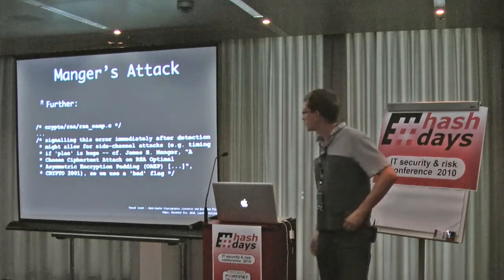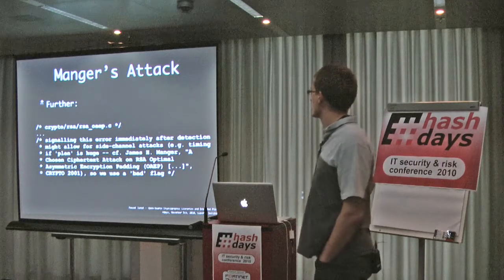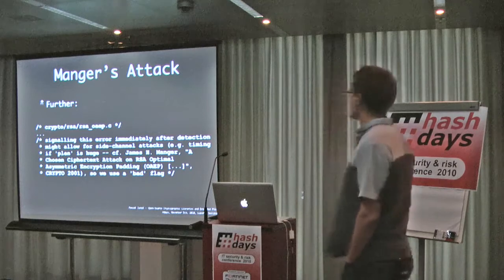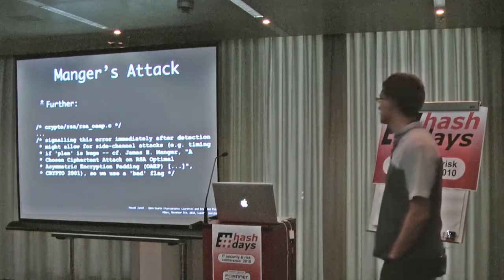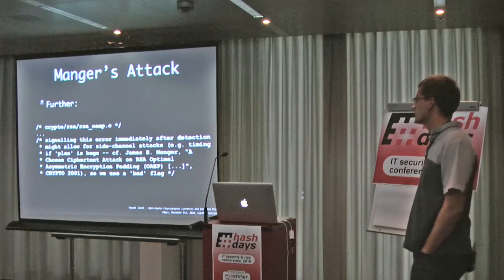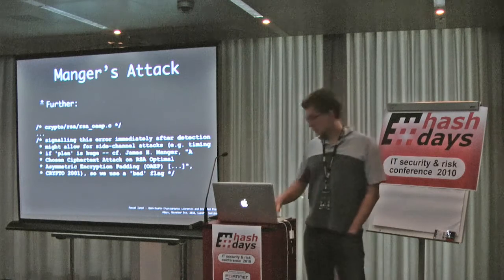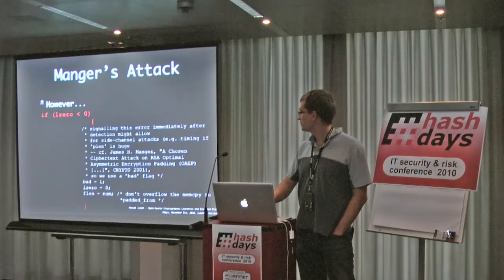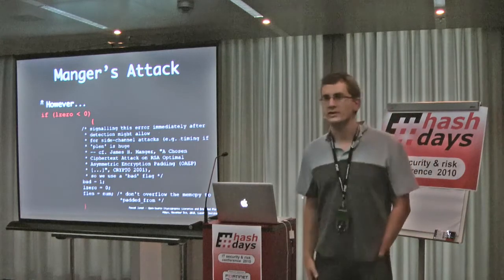If you have a look at the source code, you can read: signaling this error immediately after detection might allow for side channel attacks. Look at the paper of James Manger, etc. So we are using a bad flag. But have a look a bit even further, and you see a test.